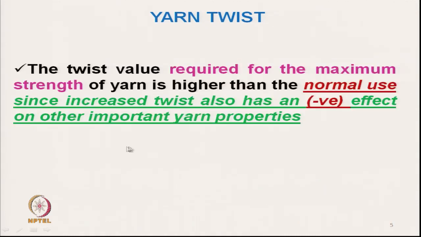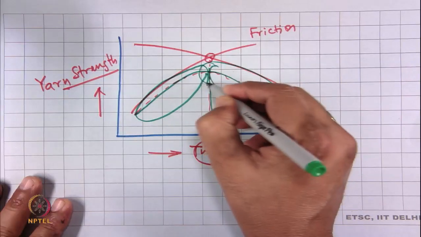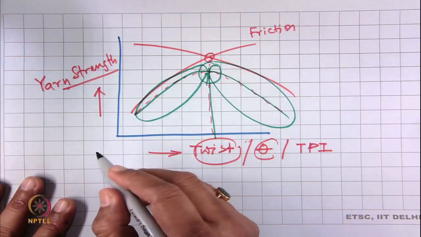Okay. The twist value required for maximum strength of the yarn is higher than the normal use, since the increase in twist also has a negative effect on other important properties of yarn and fabric. This is the level of twist where the yarn strength is maximum.